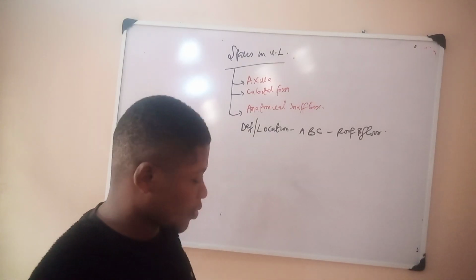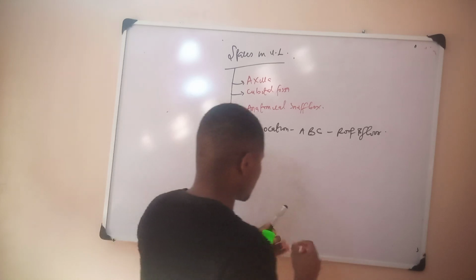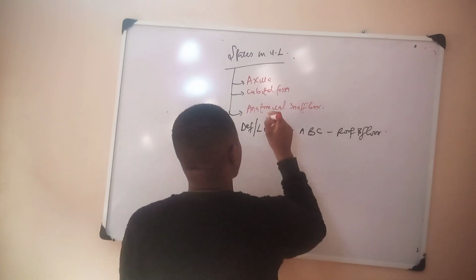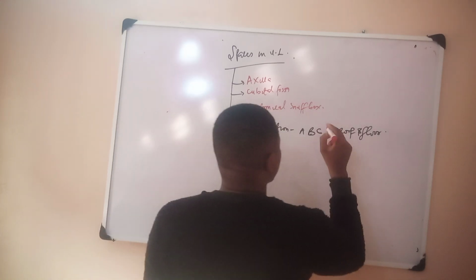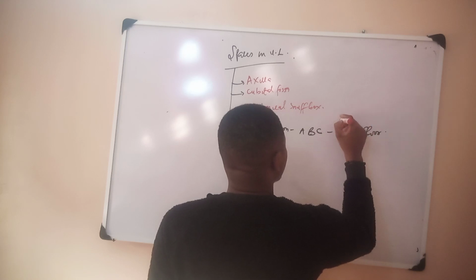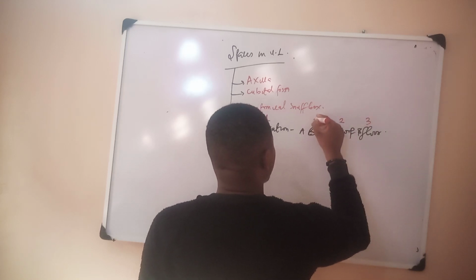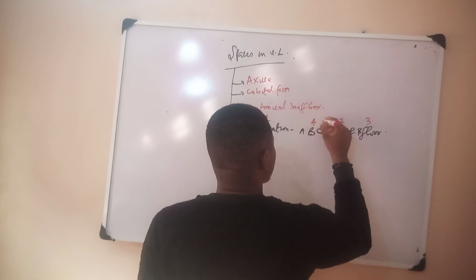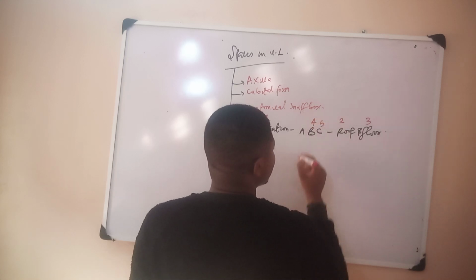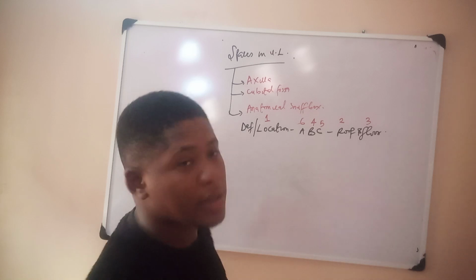After defining and locating, if I'm to number these things, this is number 1. Then number 2, talk about the roof. Number 3, the floor. Number 4, the boundaries. Number 5, the contents. Then number 6, applied anatomy.